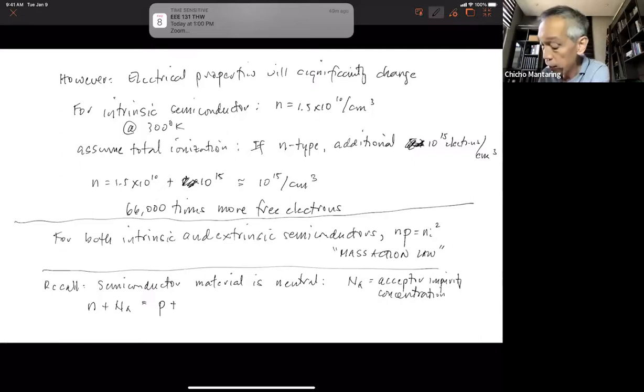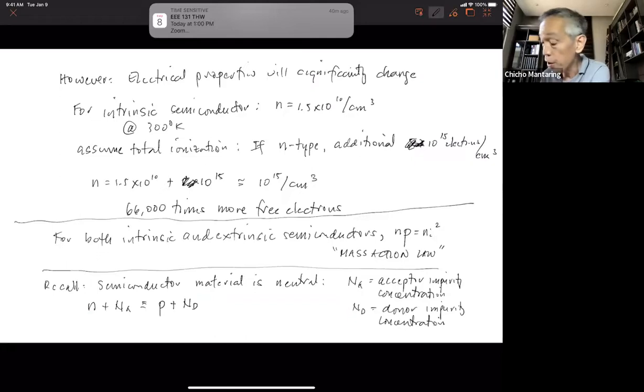If you add to that the number of donors, where Nd is your donor impurity concentration, then the number of negative charges should neutralize the number of positive charges. So you have this equation of electrical neutrality.